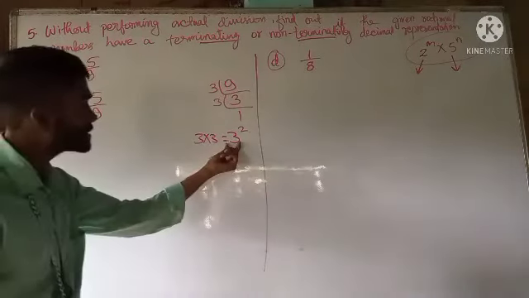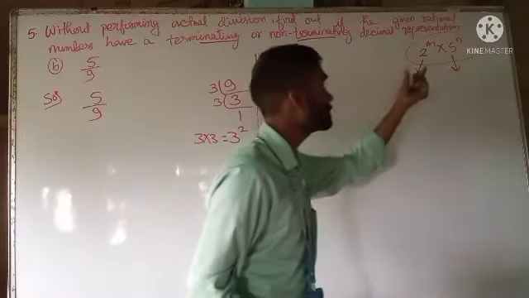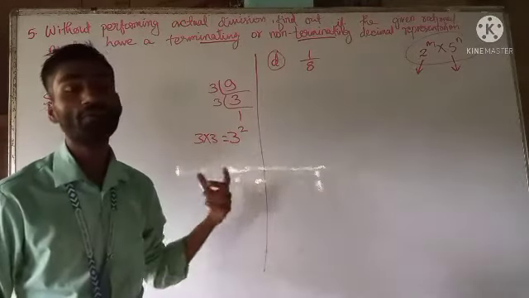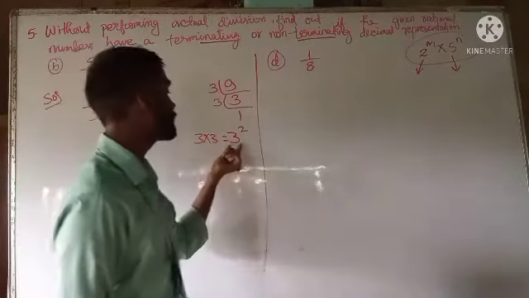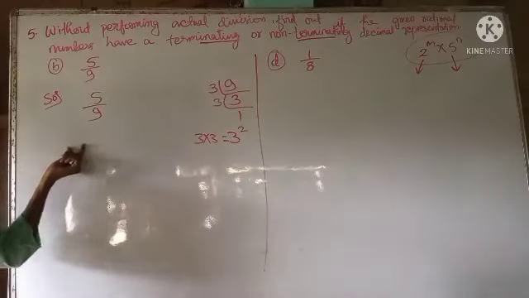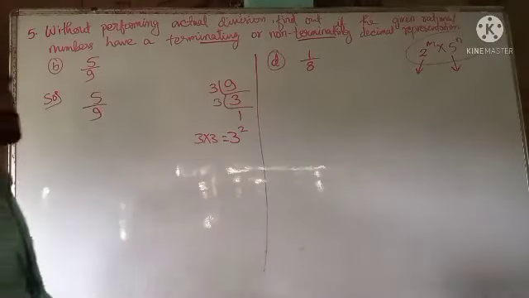Now, since it does not have the form 2 to the power m into 5 to the power n, we can say that it is a non-terminating decimal representation.